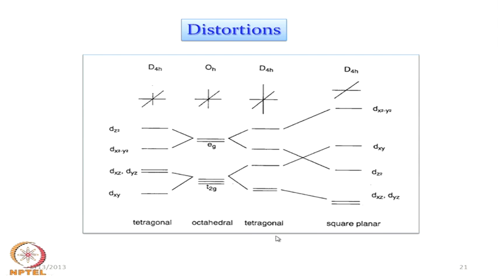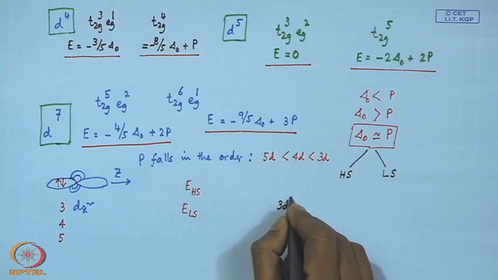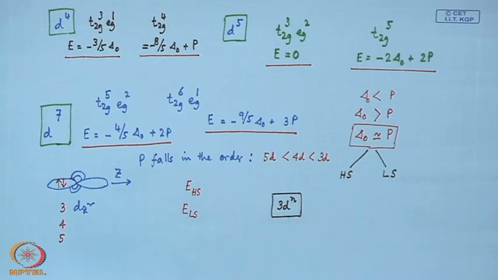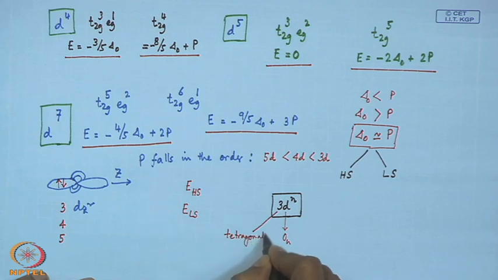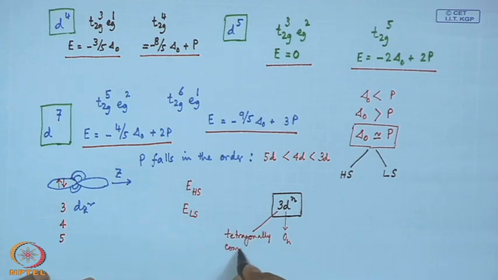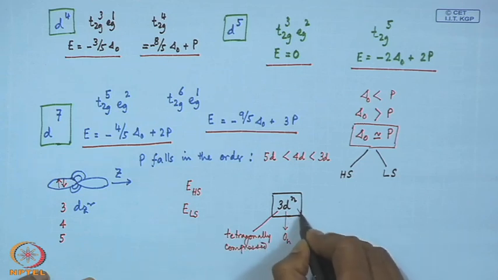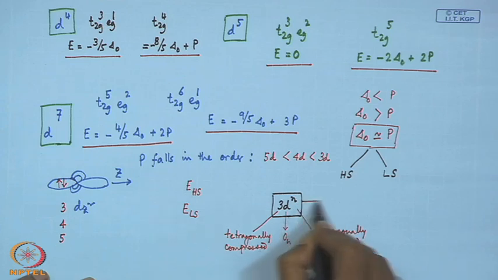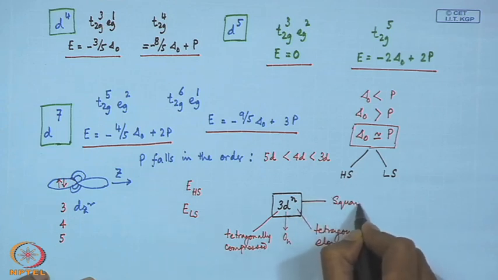So, these are the relative orderings. So, if we have a typical electronic configuration, say d n, we should be able to write the corresponding electronic configuration quickly if we have an octahedral geometry, or a tetragonally compressed, or tetragonally elongated, or square planar geometry.